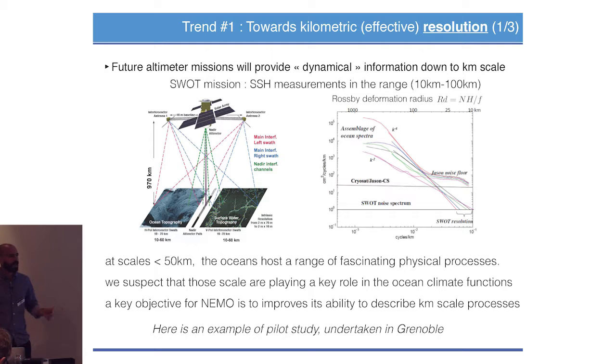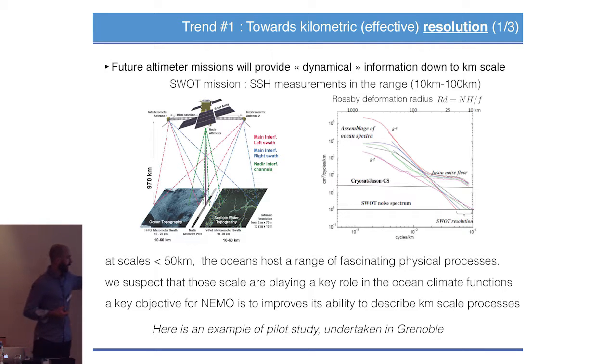You could tell a story like this. Basically, within 5 years' time now, or 6, we'll get information about sea surface height down to scales of 1 kilometer, or say a few kilometers, thanks to the SWOT altimeter mission that will be launched in 2021. So this particular altimeter mission will provide information on the dynamics at a scale smaller than the actual scale of the products we have right now.